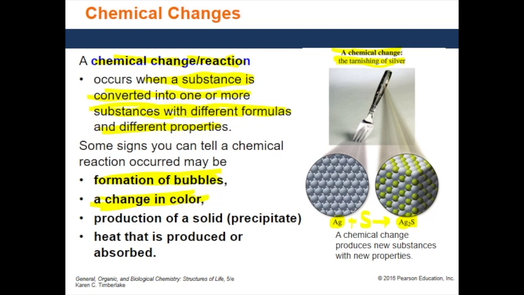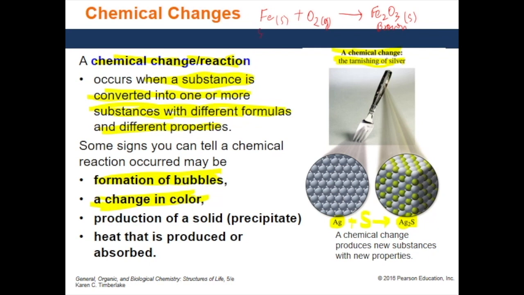Another example would be when iron rusts. Whenever iron rusts, it forms a brown product. Iron is Fe, a solid metal which is very shiny. When it comes in contact with oxygen, which is a gas in air, it turns into iron(III) oxide, and this solid is brown in color.